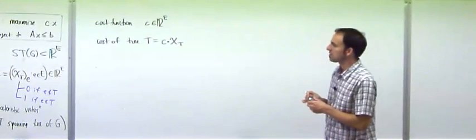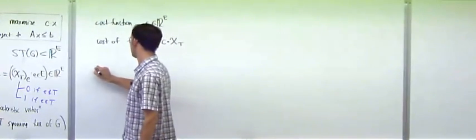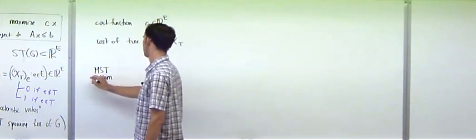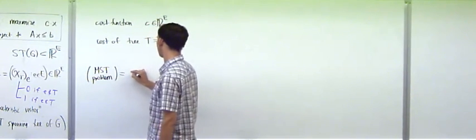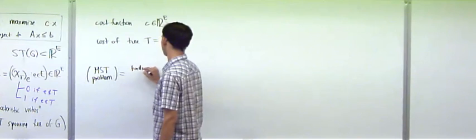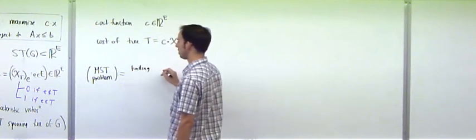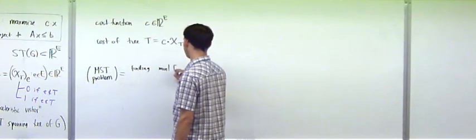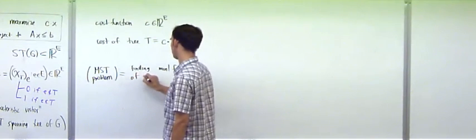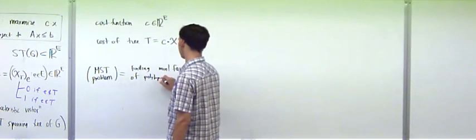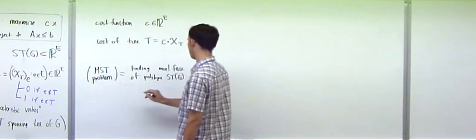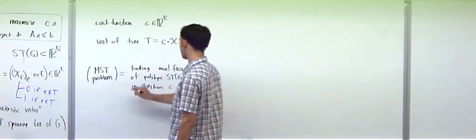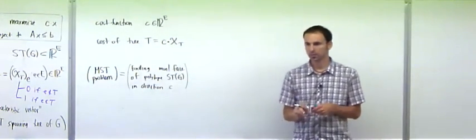And so what that means is that the minimum spanning tree problem is the same thing as finding the minimal face of the polytope of spanning trees of G in direction C. Okay?